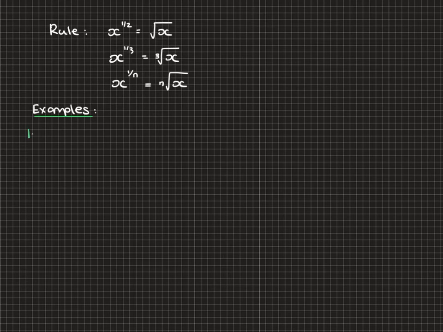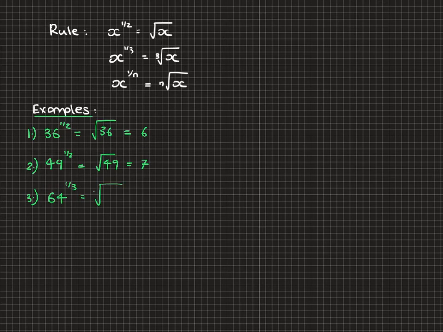First one, 36 raised to the power of a half. Well, that means the square root of 36, which is 6. Number 2, 49 to the power of a half. That means the square root of 49, which is, of course, 7. Now, a little trickier, 64 to the power of a third.